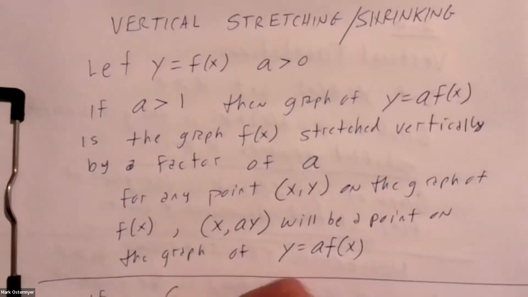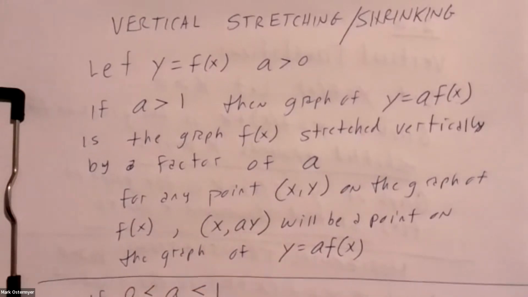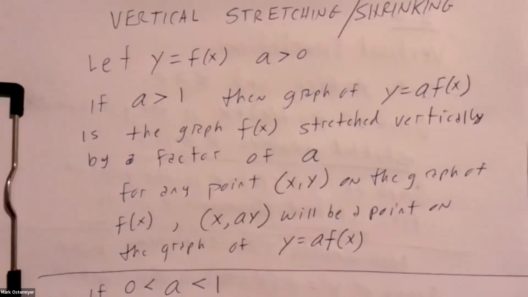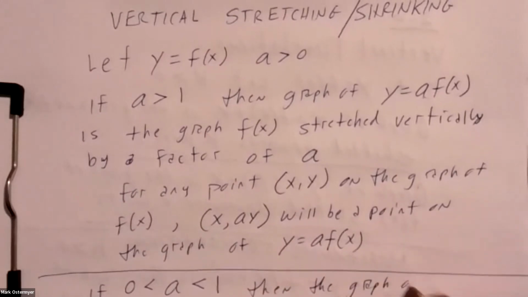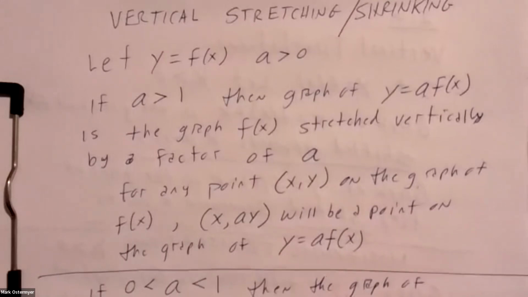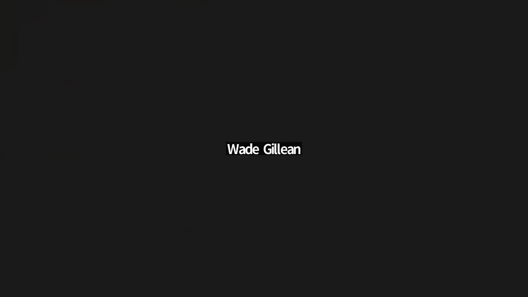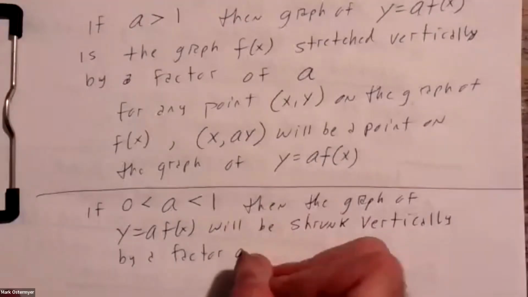If, ladies and gentlemen, a is some positive real number between 1 and 0, meaning a is some positive fraction or positive decimal between 0 and 1, then the graph of y equals a times f of x will be shrunk vertically by a factor of a.